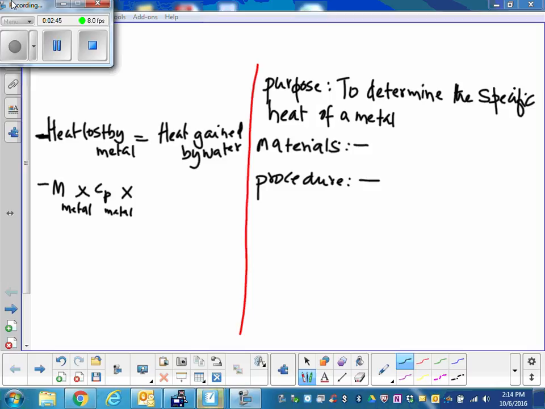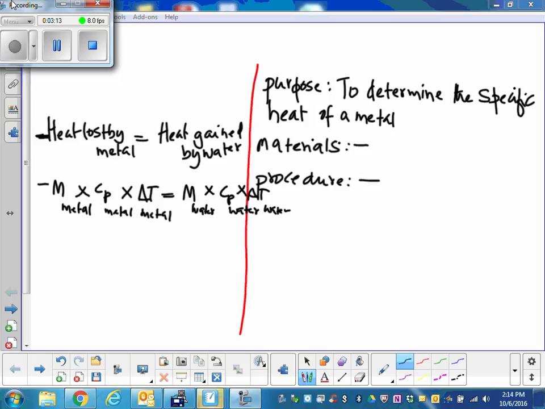Is that right? Equals, how do we report the heat gained by water? It's going to be mass of water times the specific heat of water times the change in temperature of water. Yes or no?